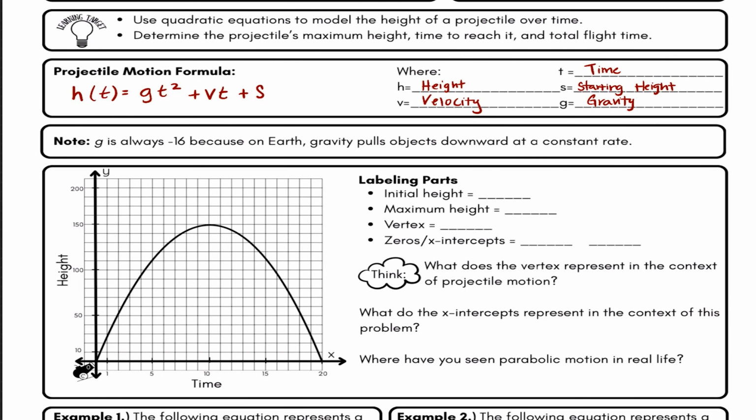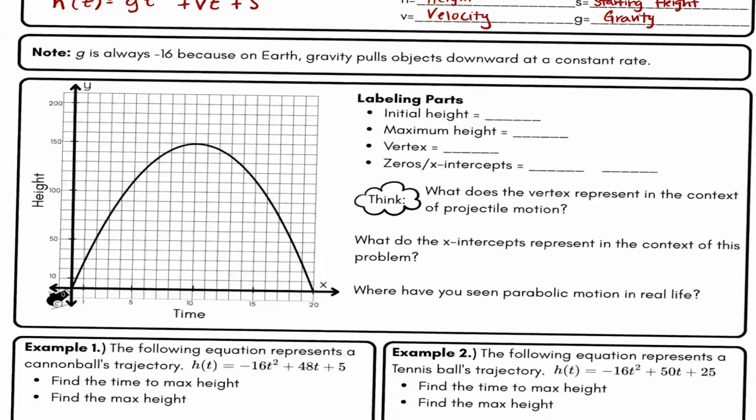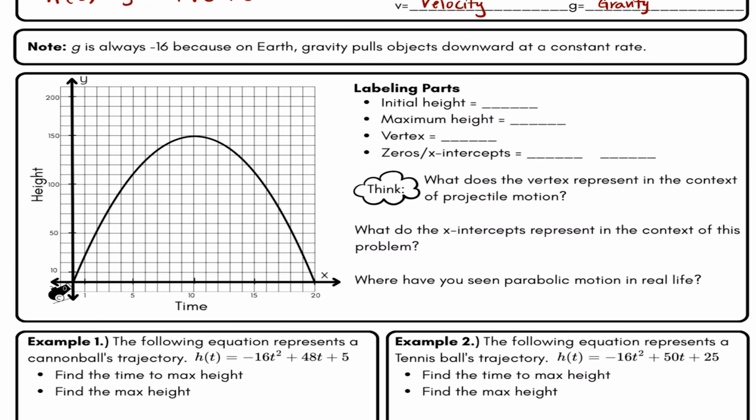Okay, so we're looking at the trajectory of a cannonball in this example. And really it's just for us to kind of wrap our brains around how projectile motion works. So when we look at this image, a common mistake that people will make is they'll look at the image and assume that they're looking at the cannonball's flight over distance.